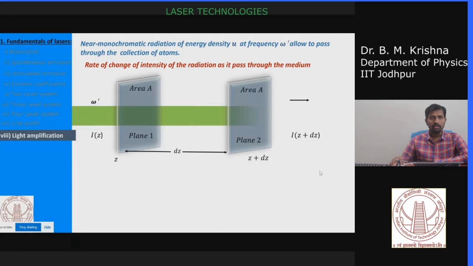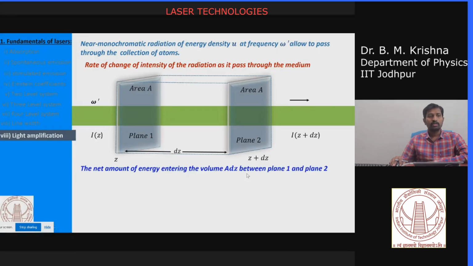Okay, so now your incident radiation, it's a nearly monochromatic radiation, is passing through the volume of this region. I am considering the front end and the back end of the planes. So this is our nearly monochromatic light source having a frequency of omega prime, and the direction of the beam is towards this direction.